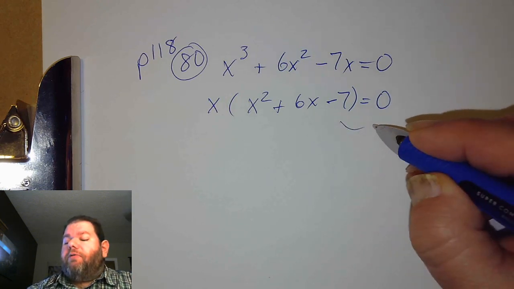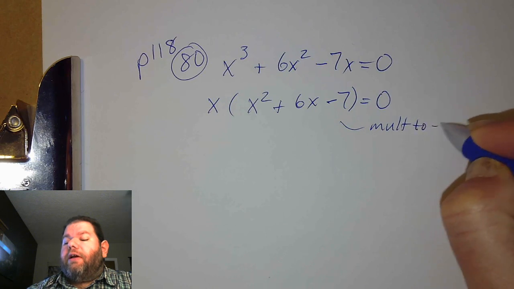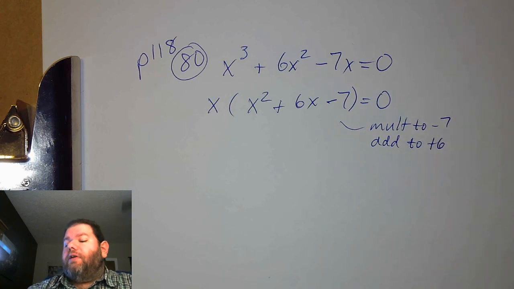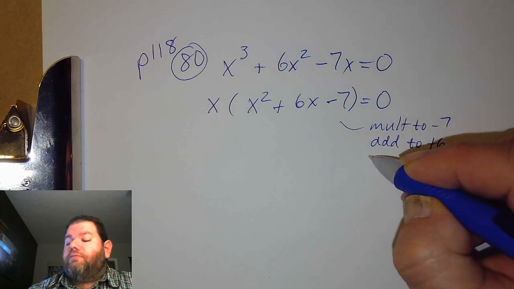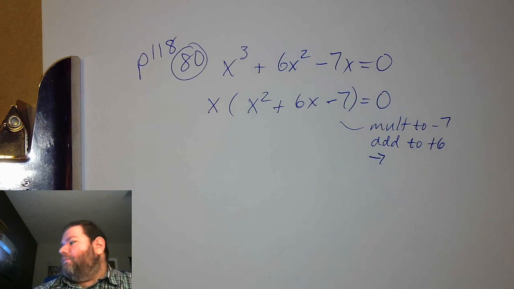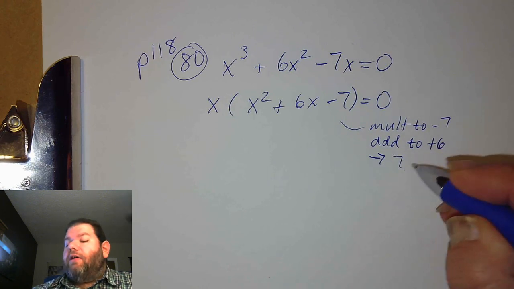And then from there we want two terms that multiply to negative 7 and add to positive 6, and that would be 7 and negative 1.